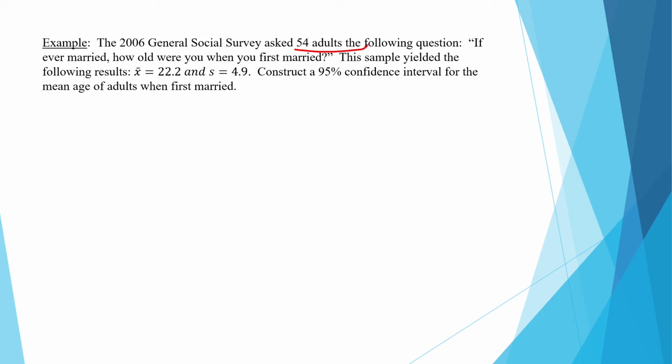There were 54 adults who were asked the question, so the sample size is 54. We have the sample mean, x bar, is equal to 22.2, and the standard deviation of the sample is 4.9. I'm looking for a confidence interval of 95%. So let's go on our statistics calculator and calculate our confidence interval.